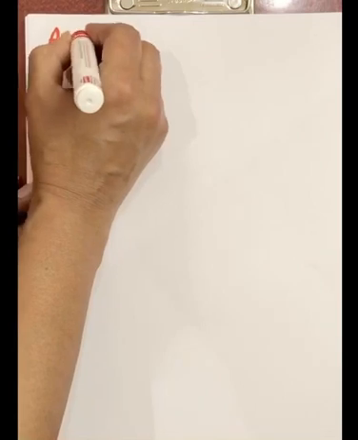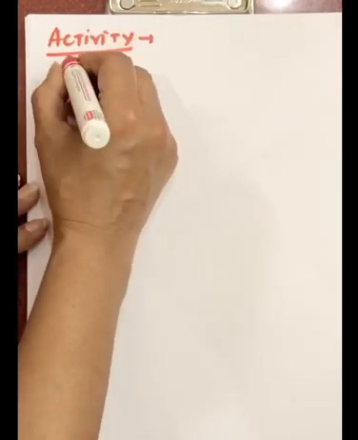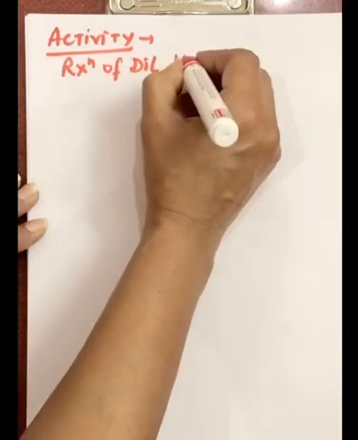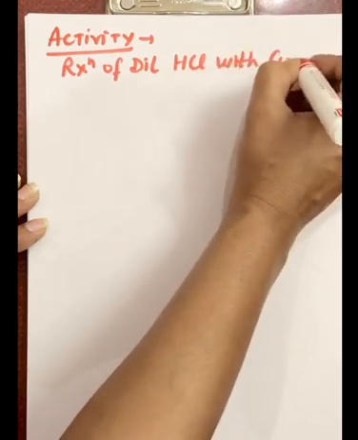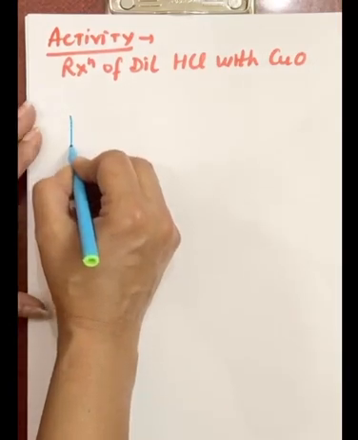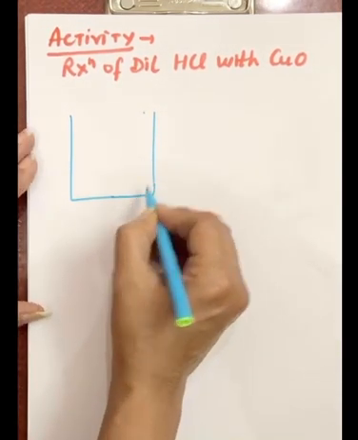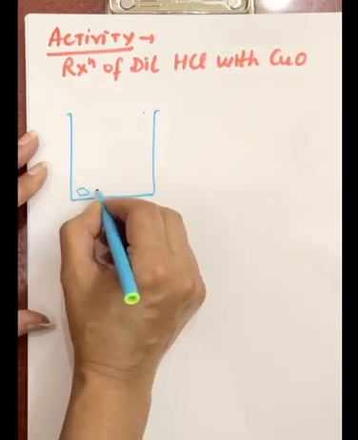So our activity here is reaction of dilute HCl with copper oxide. Now for this activity, we are taking a beaker. In this beaker, we are taking copper oxide.